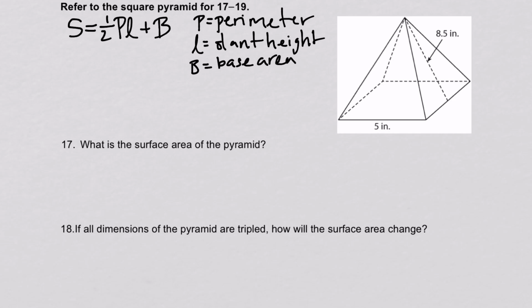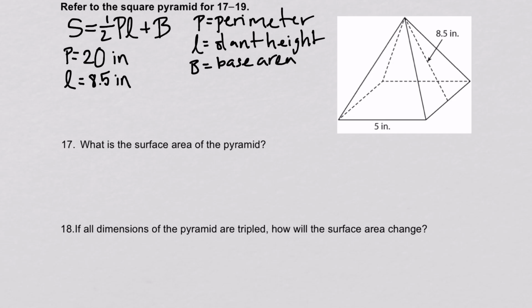Let's start with P. P is going to be the perimeter of the base. It's going to be 5 plus 5 plus 5 plus 5, or 5 times 4, 20 inches. L is the slant height. Once again, they gave it to me. It's 8.5. Remember, slant height is slanted. It's not a vertical height.